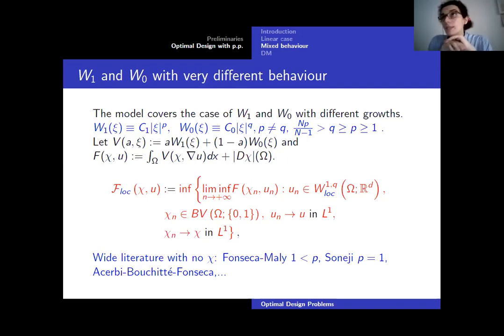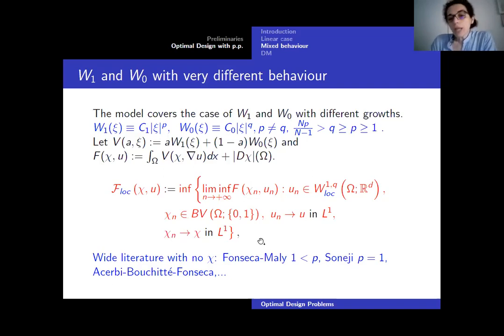There is a wide literature on the subject of this gap problem in the case where there is no chi, and from the point of view of relaxation, when p is strictly bigger than 1, the main contribution, I would say, is due to Fonseca and Malý, and their result has been extended recently by Soneji in the case p equal to 1.